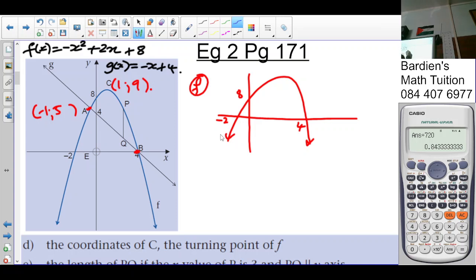So that's now the third one. Where is f of x greater than or equal to 8? But is that 8 an x value or a y value? It's a y value. So I draw in the line y is equal to 8.